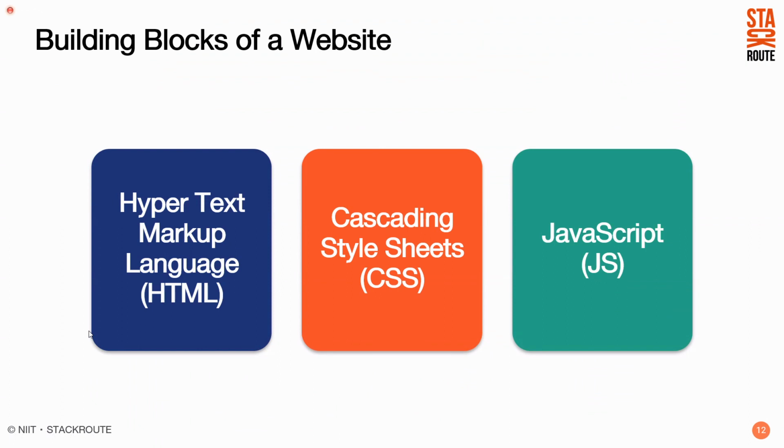So any website can be developed with the help of three powerful tools. The first is HTML: whatever content we are viewing in a web page is developed with HTML. Second, CSS, cascading style sheets: the look and feel of the page can be enhanced with CSS. Third, on top of my elements, if I want to add dynamic features, some dynamism can be included in my web page with JavaScript.